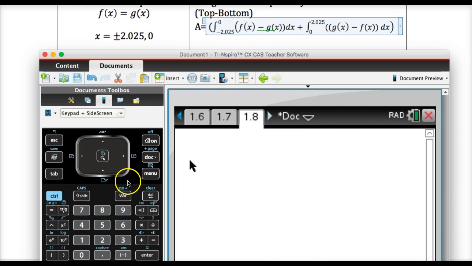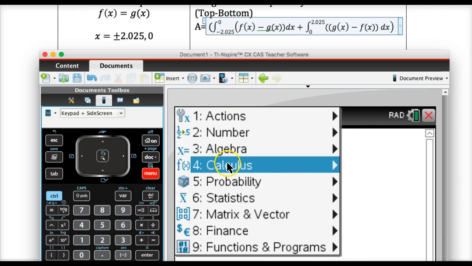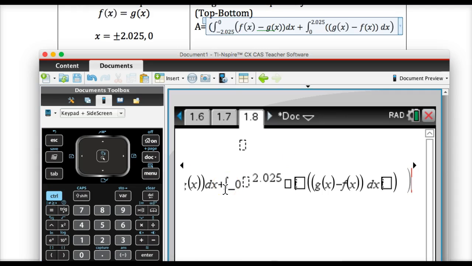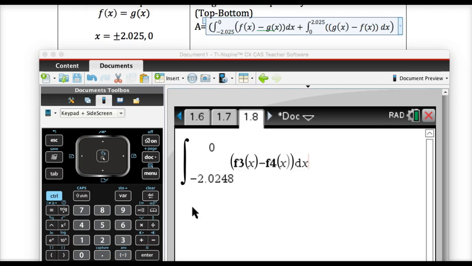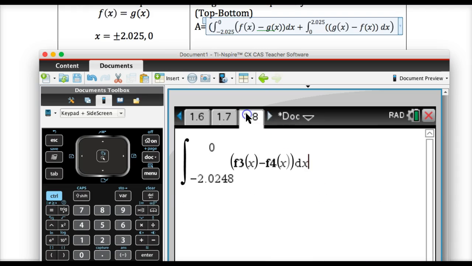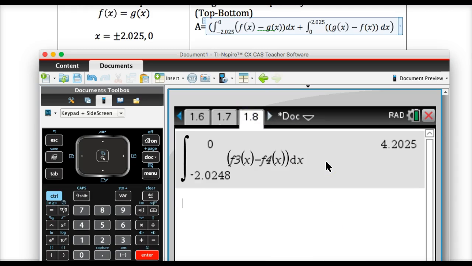So when I set up this integral, menu, calculus, integral, I can just go and paste. That's not what I wanted to paste. I thought I could copy and paste that value. I can't. So I just typed that in. And I used the function values because I had those already entered on my graph, so I don't have to retype everything. Then I just hit enter and I get that number there. That is the left-hand piece.